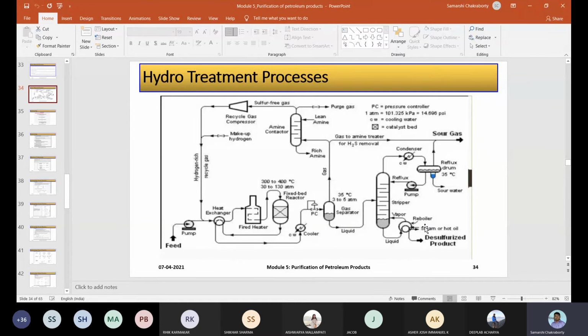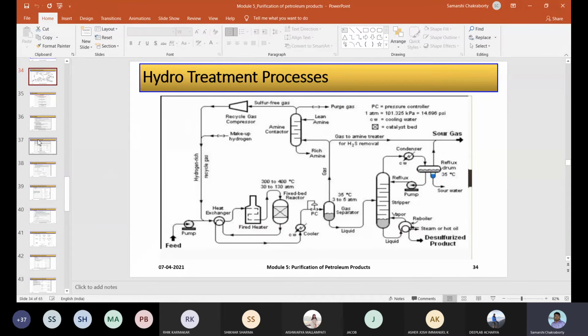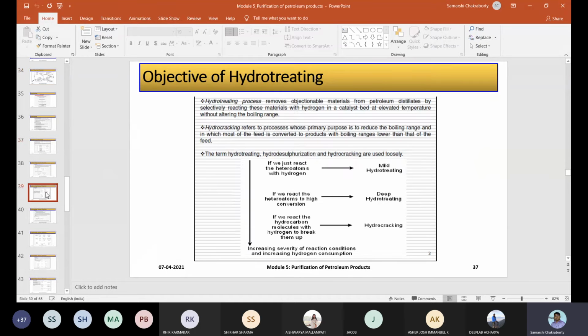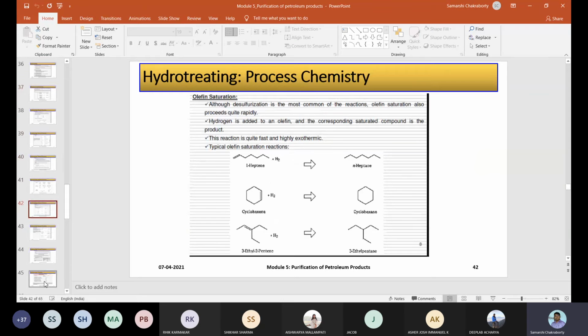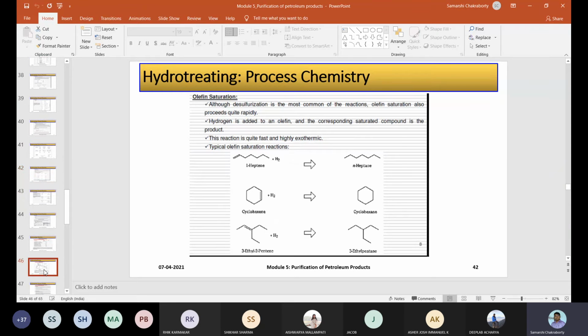So that is the entire flow diagram of your hydro treatment or hydro treating process, whatever you want to call it. Whatever I have discussed through this small diagram has only been extended or more elaborately explained here.